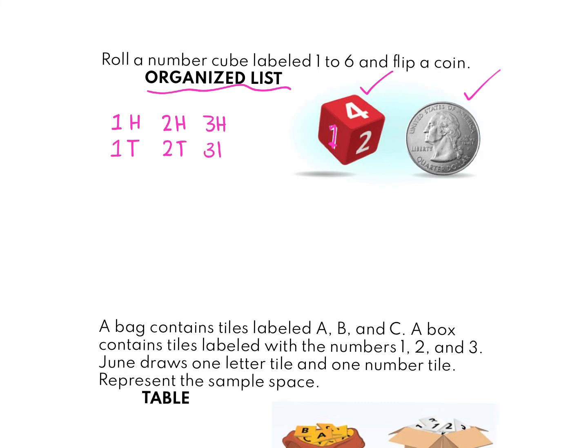That's tails, not heads. 4 heads, 4 tails, 5 heads, 5 tails, 6 heads, 6 tails. So I just went through the numbers and went heads and tails on each one. So here we have 12 different outcomes.